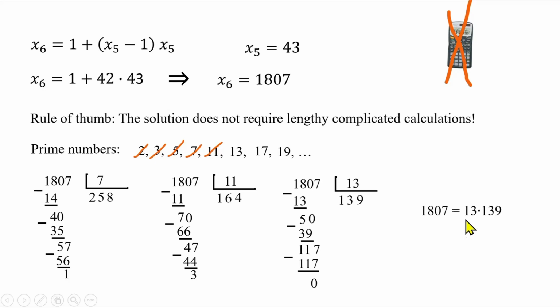Now we need to analyze the number 139 and decide, is 139 a prime number or can it be factorized. We can do this using the rule of thumb, but I would like to show you a more powerful method to decide if a given number is prime. I will illustrate this method in the general case.